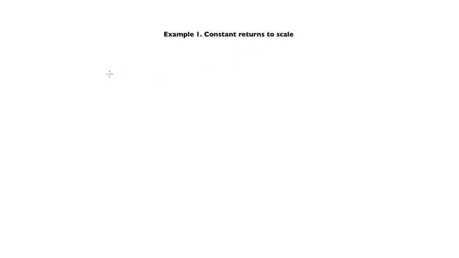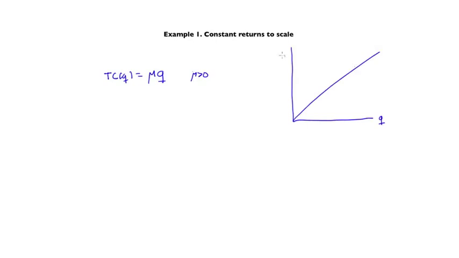That's a situation in which the total cost at any quantity Q is just mu times Q. So there are no fixed costs, there are no semi-fixed costs, it's just linearly increasing with Q, of course, with mu greater than 0. Now, in that case, we can draw the cost function as a function of Q just like this.